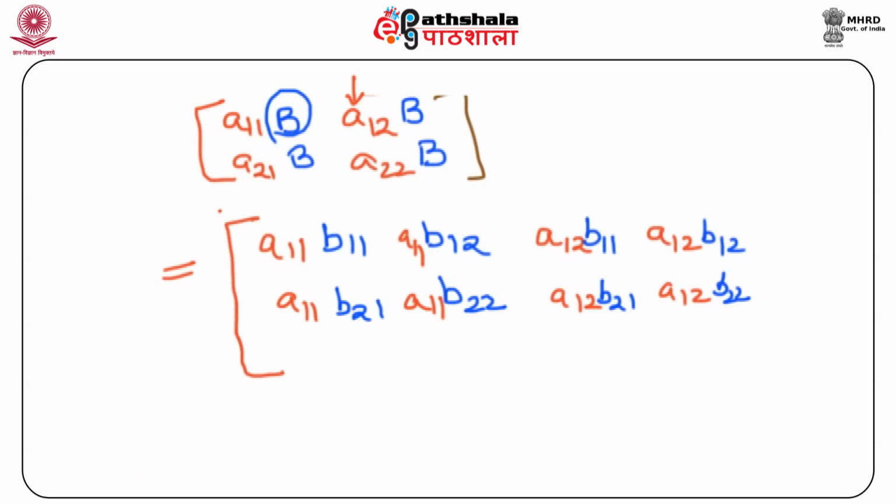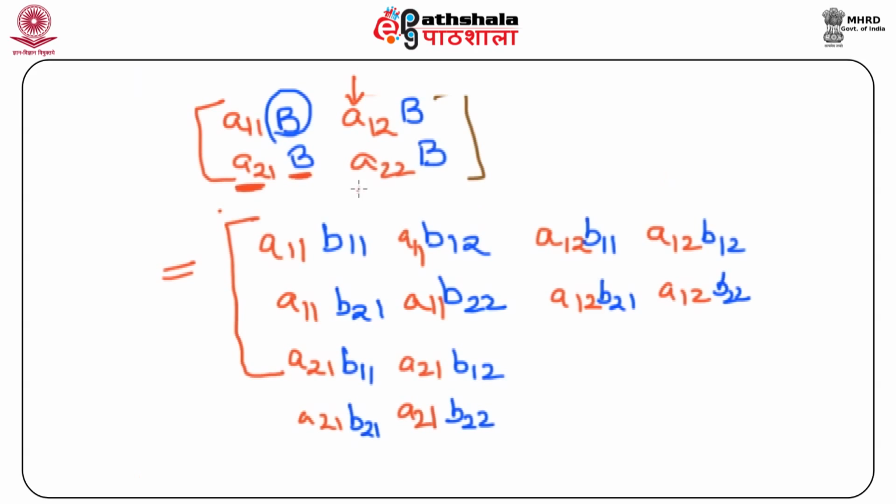Now similarly, when we take this term A21, let us write it 4 times, and we have to multiply it by this entire matrix B, so we write B11 here, B12 here, B21 and B22.